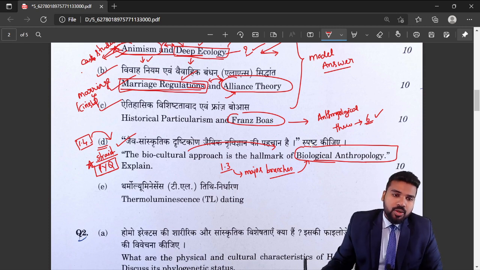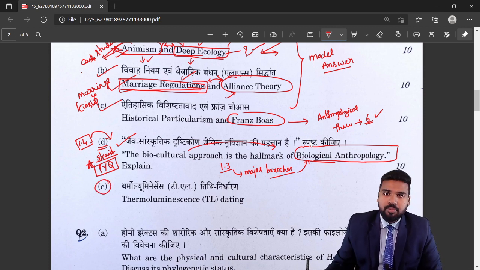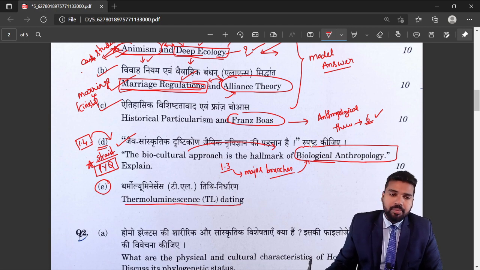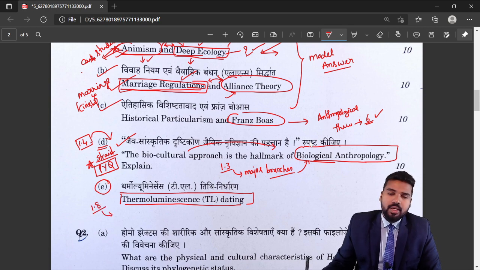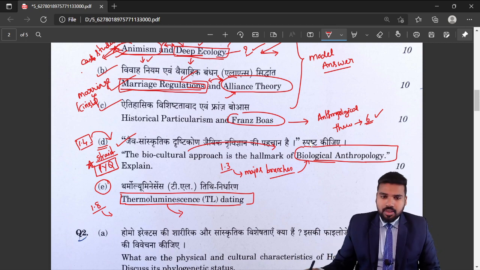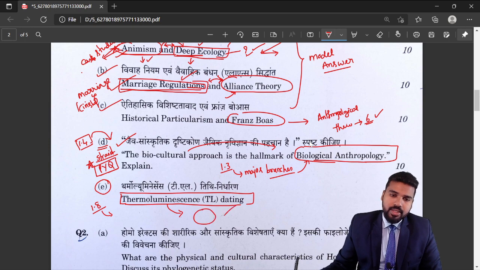Then see question number E of first question. This is again a pretty direct question. The question is from your 1.8, where we look at relative dating and absolute dating methodologies, under which you study thermoluminescence dating. So it is simply by looking at the amount of heat or amount of light that is trapped. Whenever there is an object, there is a radiation.